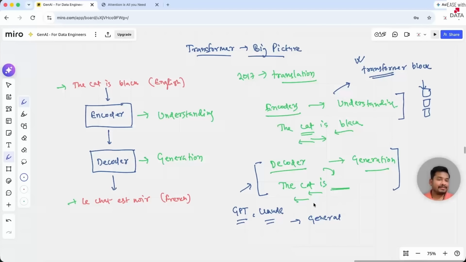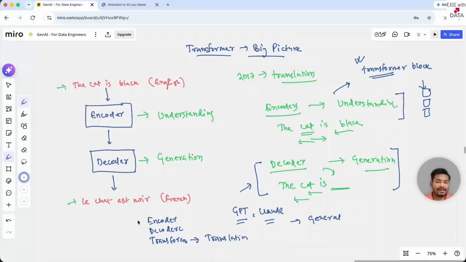And because of that, there are three families of model. The first one are encoders, which only consist of encoders. The second one are decoders, which are used for generation, which are Claude and GPT, and the third one are transformers, which use both encoder and decoder. And the important use of transformer is for translation.